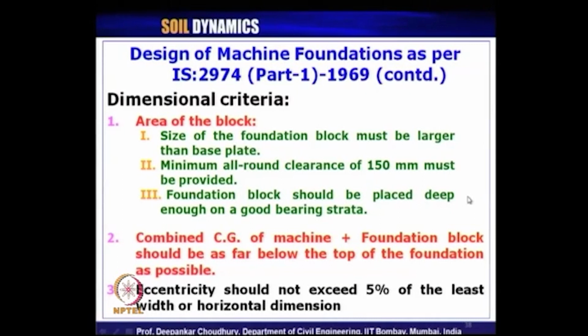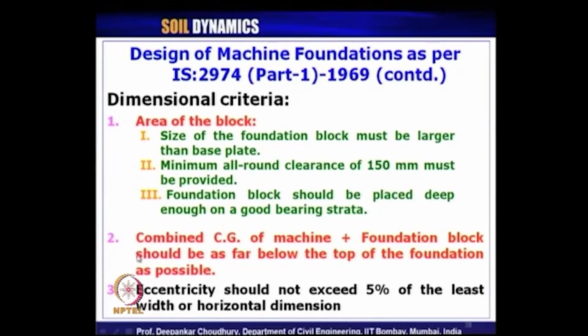Let us look at the slide once again. The third criteria says that the foundation block should be placed deep enough on a good bearing strata. Of course, we should place it in good, stiff soil, which can take the vibration of the machine plus foundation system.